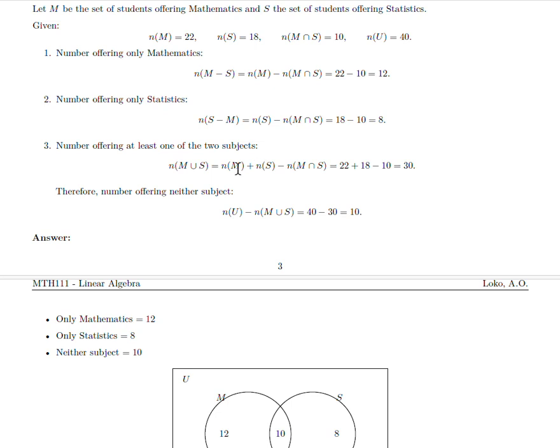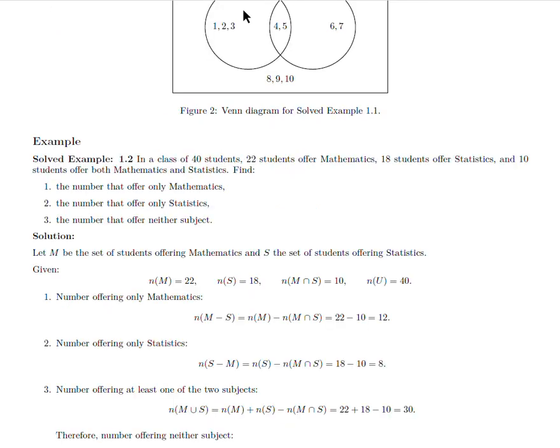They are already in these two sets, and that gives us 22 plus 18 minus 10, which is equal to 30. And that's the cardinality for mathematics union statistics, which invariably is the number of students offering at least one of the two subjects.